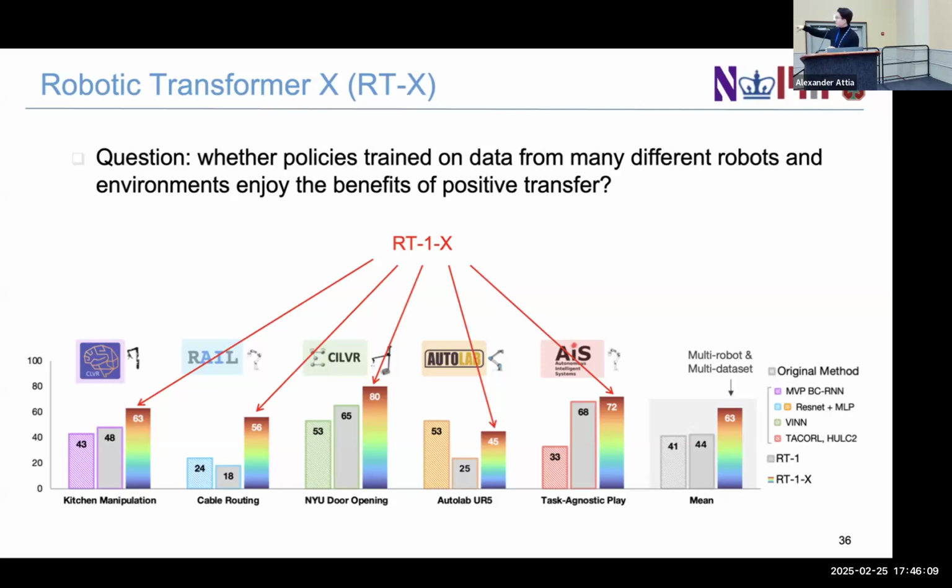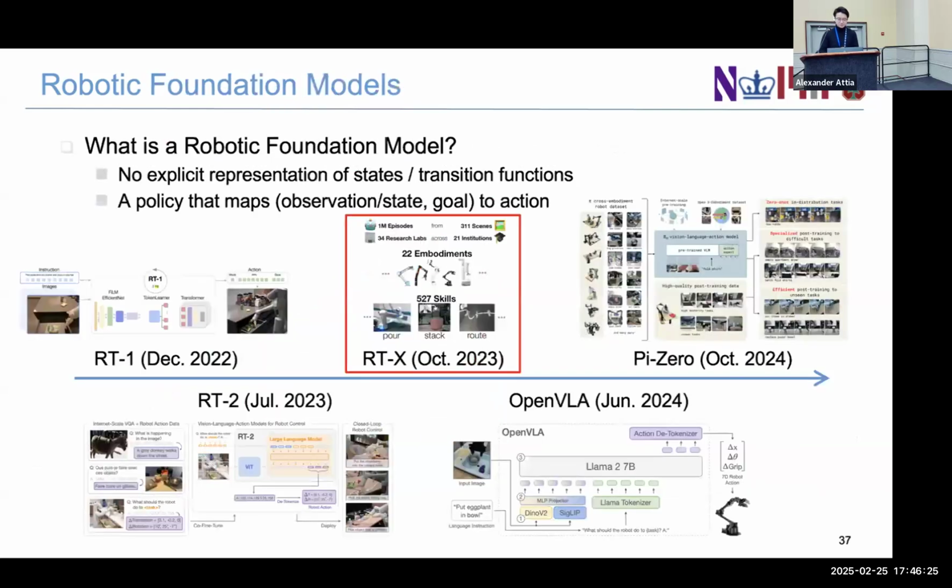But you can see that in the result from the Auto lab, the performance is slightly lower. I think that depends highly on how you do the evaluations and what protocols you use, which we're going to talk about later when we discuss issues in evaluation. So this is about RTX.